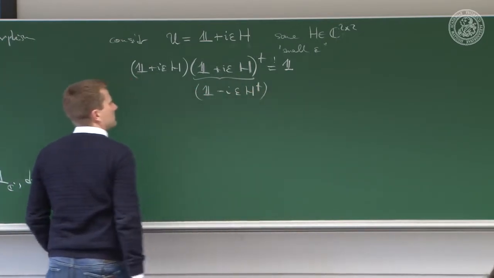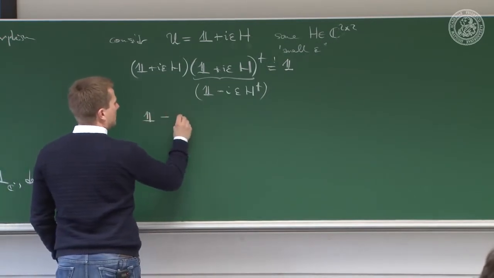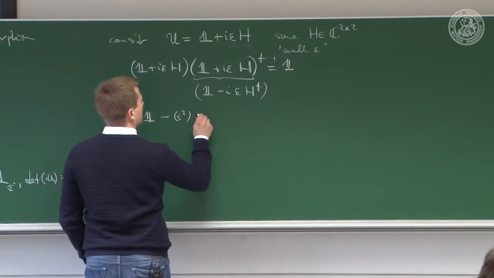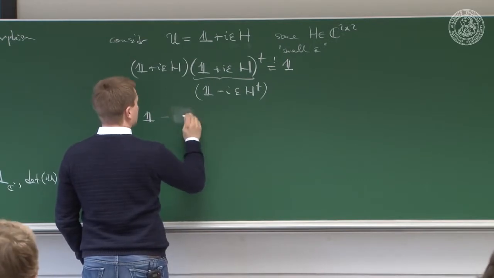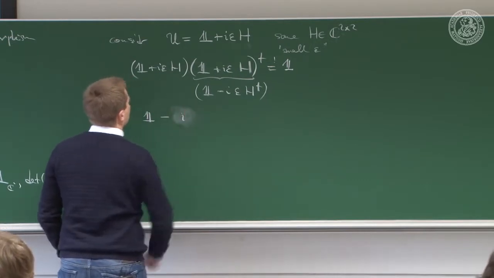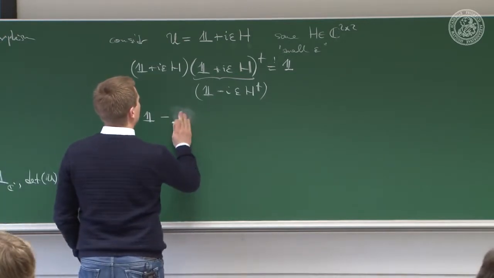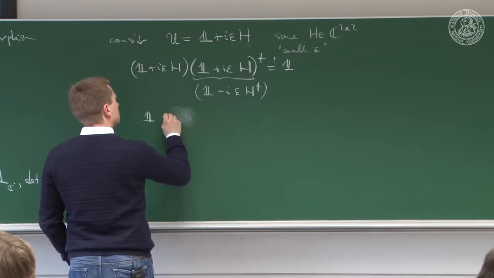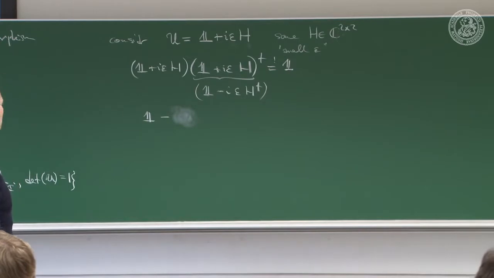And now, of course, you use the binomial theorem, and you get 1 minus i squared... hang on, what are we talking about? What on earth am I doing here?